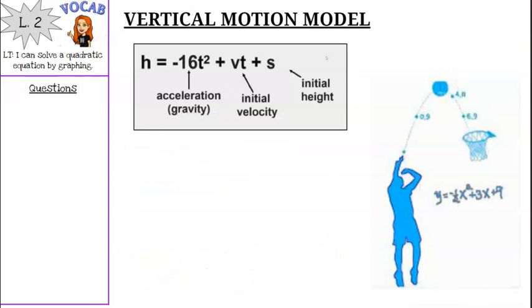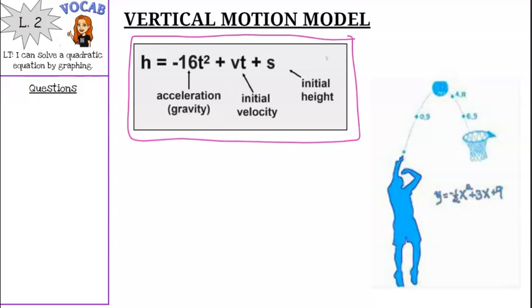So now an application of this is the vertical motion model. That model is just this equation right here, which is h, where h stands for height, and that height is always in feet, equals -16t squared. That -16 represents gravity, because if you throw something in the air, it's going to fall down due to gravity.